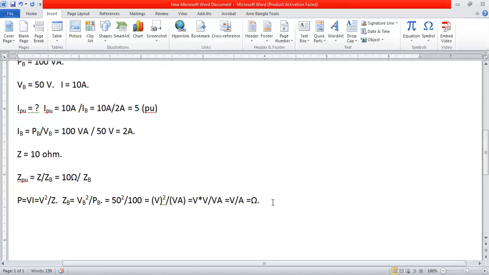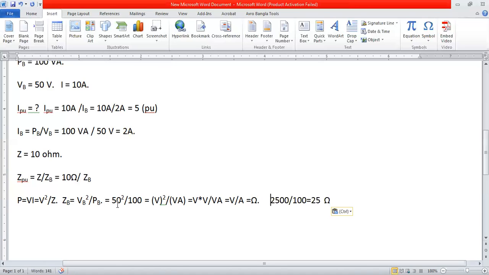If we calculate this, 50 squared is 2500 divided by 100. So that is 25. So that is 25 ohm.